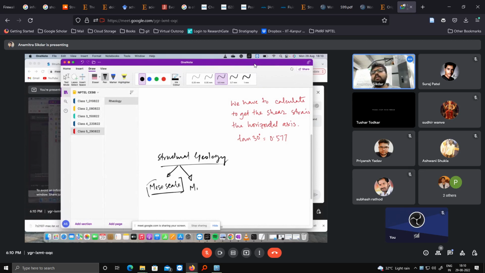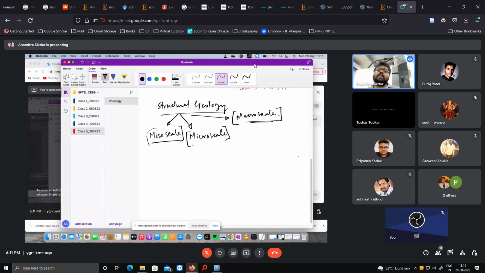The other part is observations from the micro scale, where you prepare thin sections and analyze grain orientations and the deformation of the lattice. And there is another part related to the tectonic scale, or macro scale. Whatever we have learned till now, stress and strain can all be measured at these three scales. Are we clear?